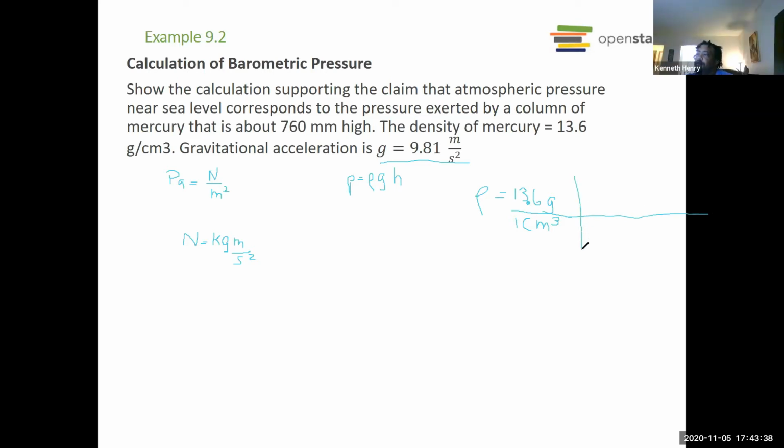Okay, how would I do that? Multiply by 1 kilogram over 1,000 grams, and multiply by 100 centimeters cubed over 1 cubic meter.